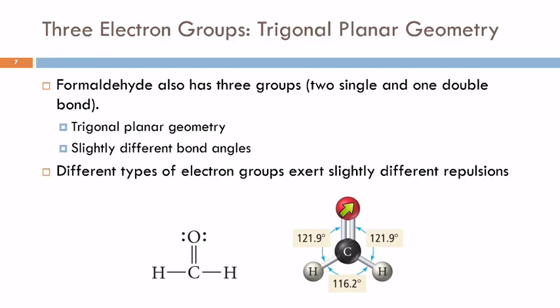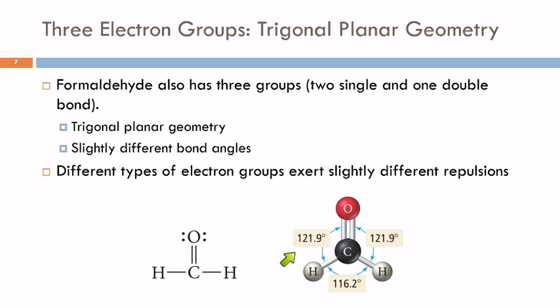And the oxygen is larger as well, and so it's going to push the hydrogens together a little bit. So their angle's 116.2, and these angles are 121.9. All the angles here add up to 360. I almost said 365, but that's days in a year. So this is also trigonal planar, but slightly different angles.